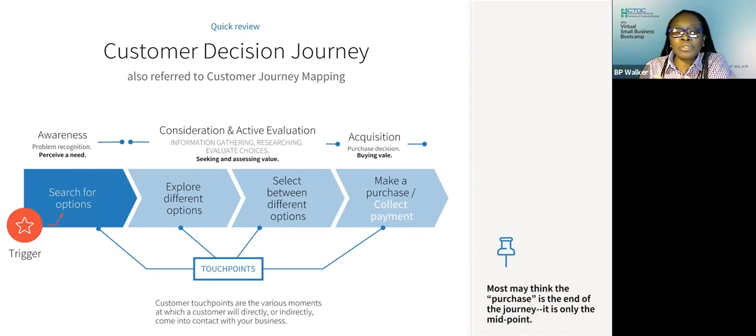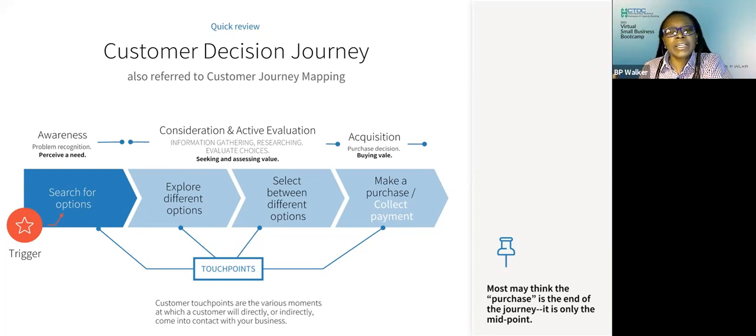And then they go through a series of exploring different options, selecting between different ones, figuring out which one they think is going to give them the best value. And then you get to the last stage, they make a decision on which one they perceive will provide them the value to meet their particular problem. They make the purchase, and then I like to add in there, I highlighted we collect the payment.